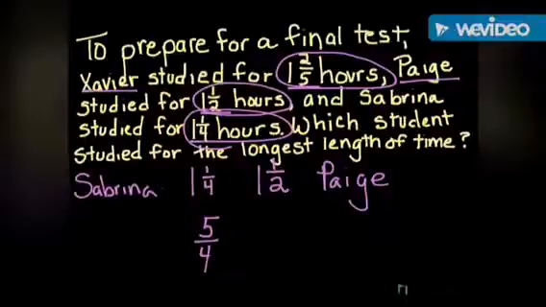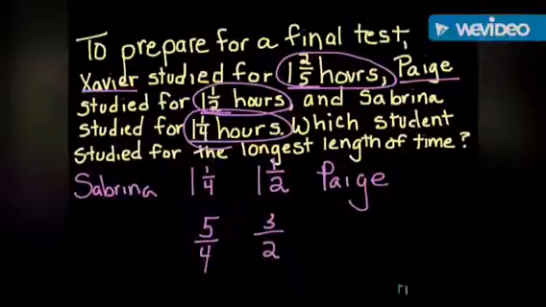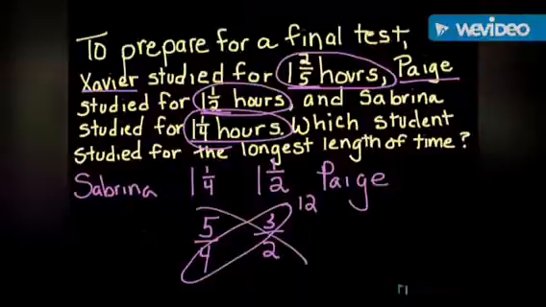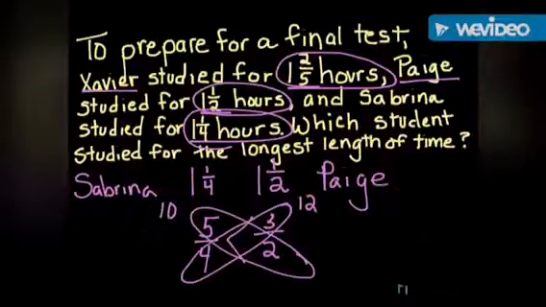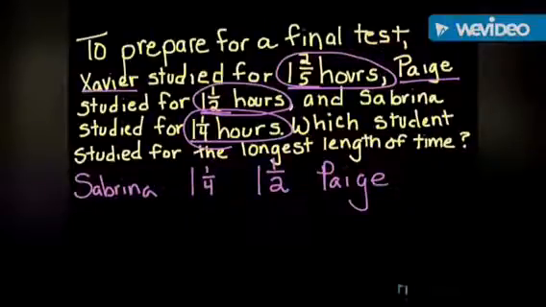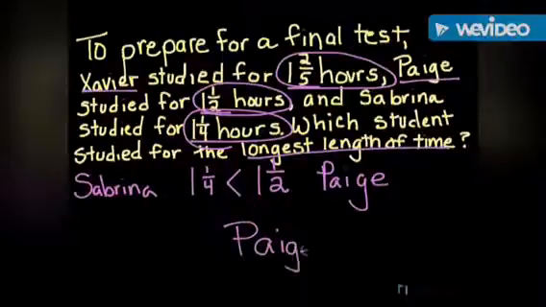Paige, 2 times 1 is 2, plus 1 is 3, so she's 3 halves. If I do the butterfly, 4 times 3 is 12, 2 times 5 is 10. Paige still has the bigger fraction. So Paige studied longer than Sabrina. So the student who studied the longest length of time has to be Paige.